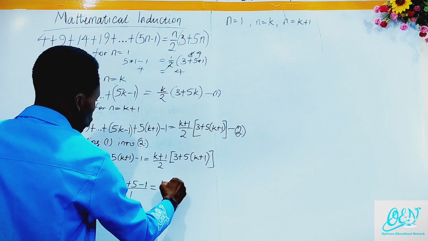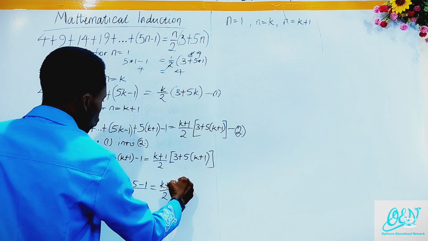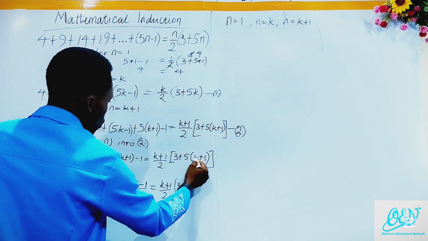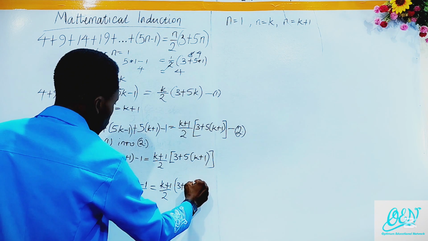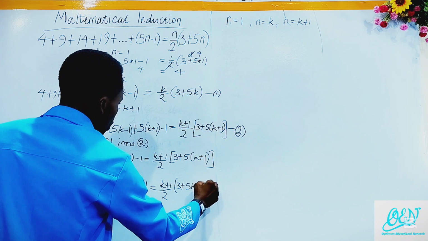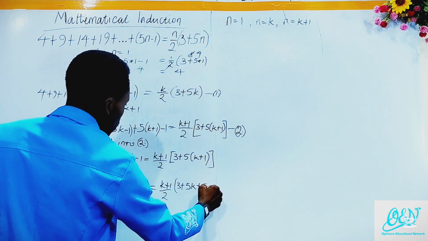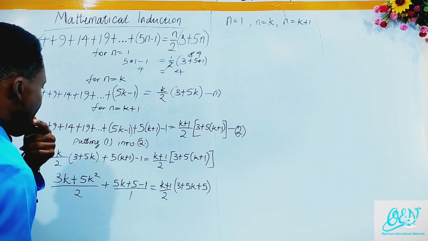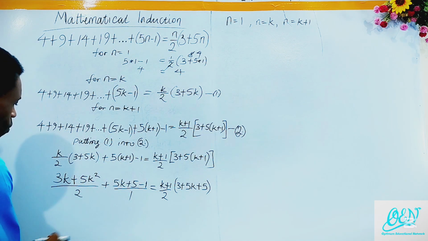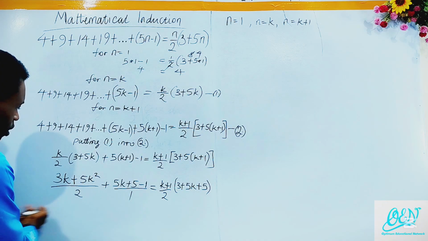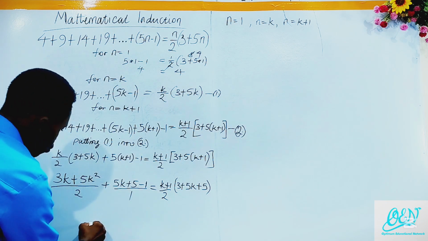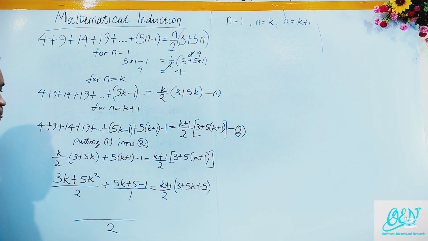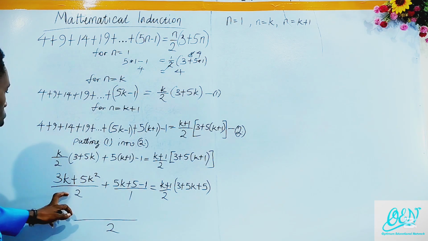So we have k plus 1 over 2, 3 plus 5 multiplying k plus 5 multiplying 1. So this is that. Okay, now we can take LCM of this. LCM of 2 and 1 is 2.